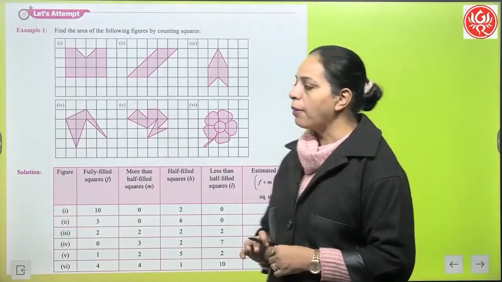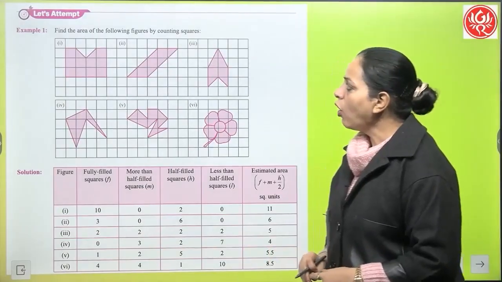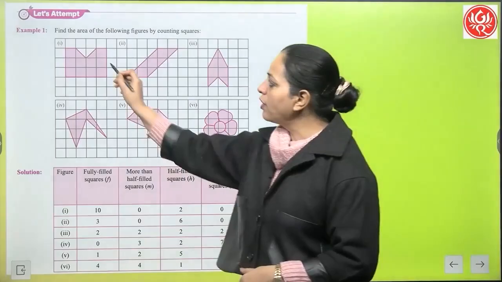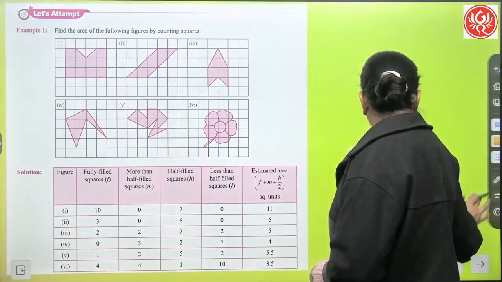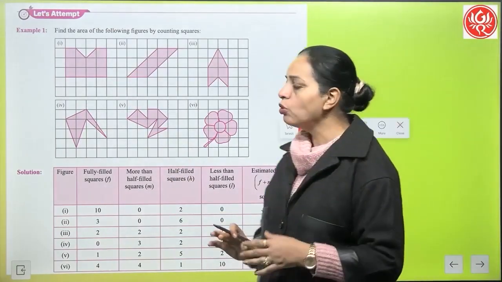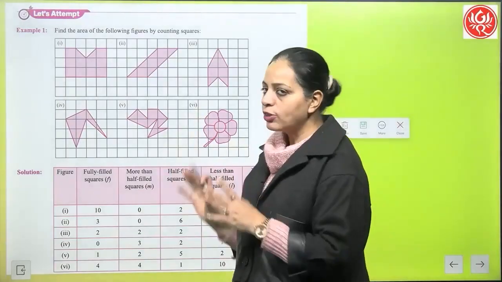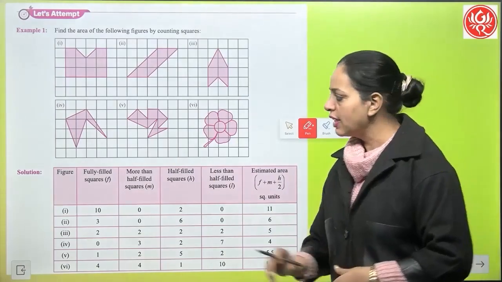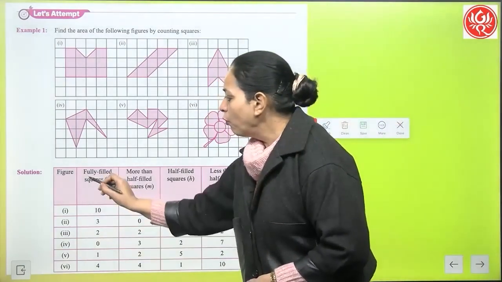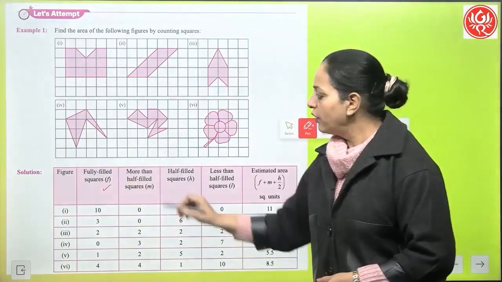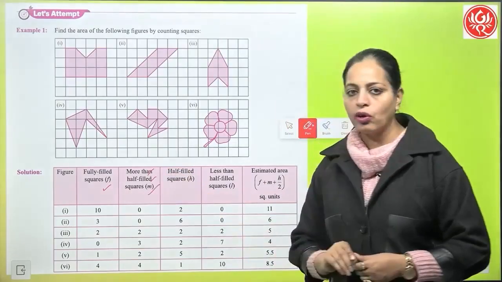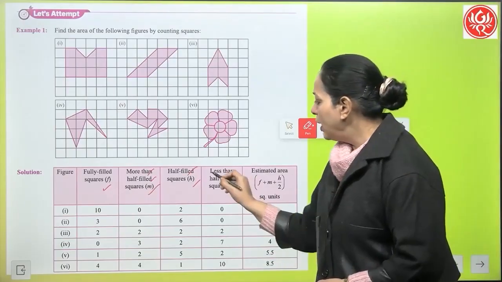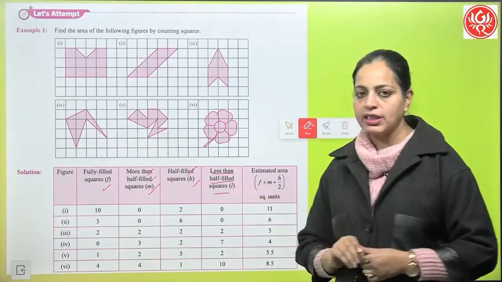Let us attempt example 1. Find the area of the following figures by counting squares. Like the first one, first of all you have to count the full, complete squares. Okay. So we are making a table like this. Here figures given, fully filled squares, then more than half filled squares, then half filled squares, then less than half filled squares, right?